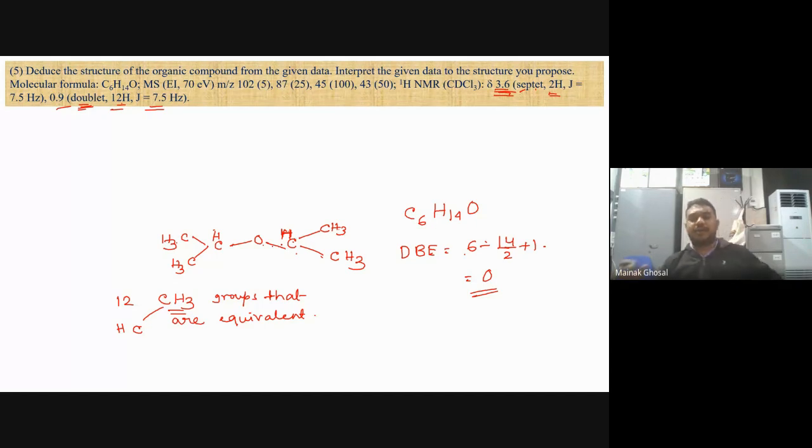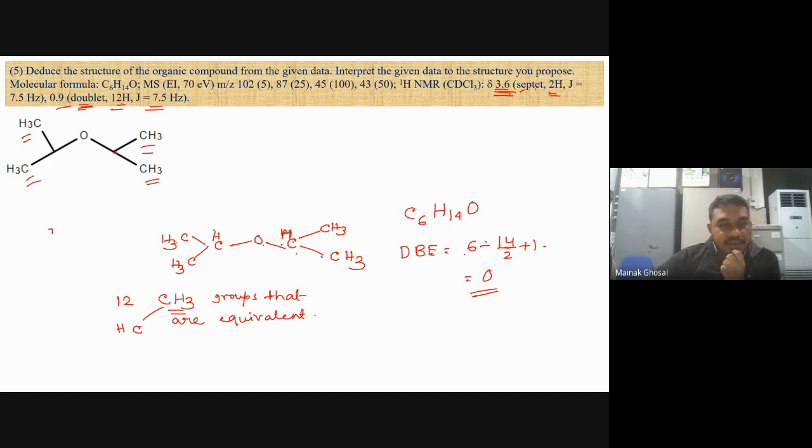You have to put oxygen somewhere. So this is the most possible structure for this compound, which is given here. These 2 methyls are there, this methyl, and here are also 2 methyls, and here is the carbon with hydrogen.